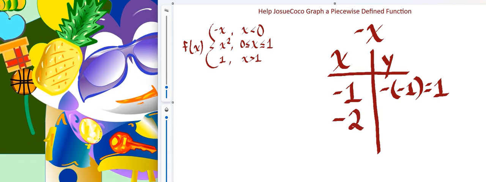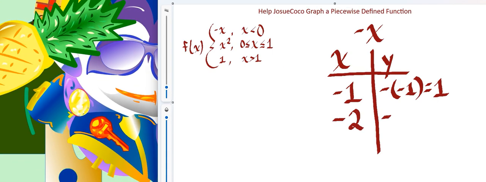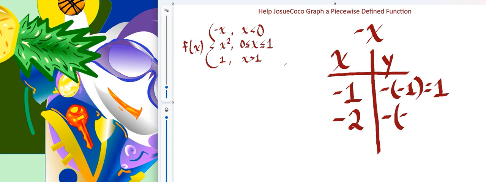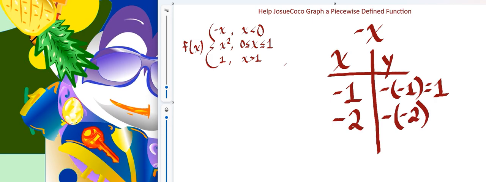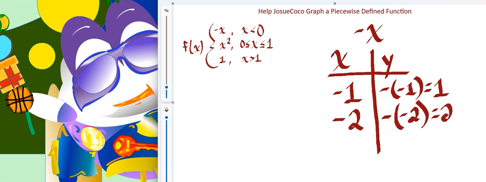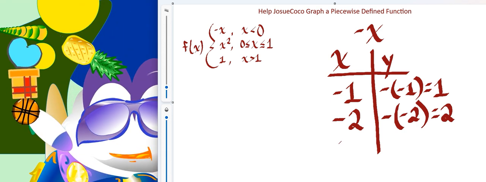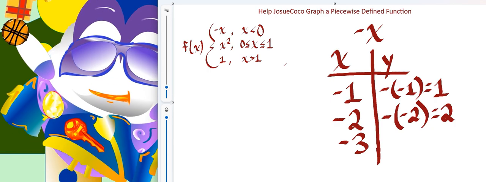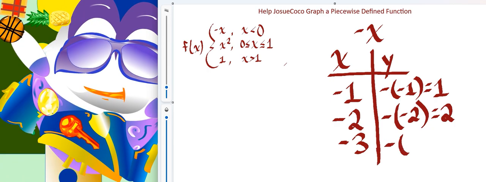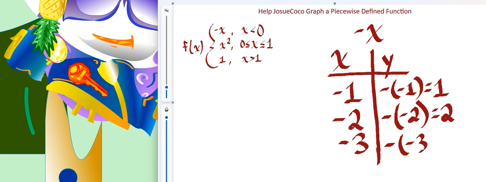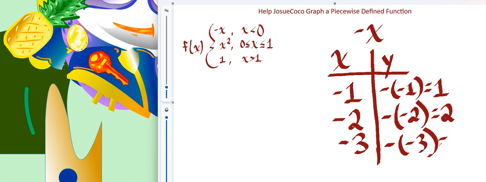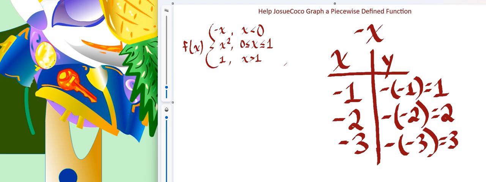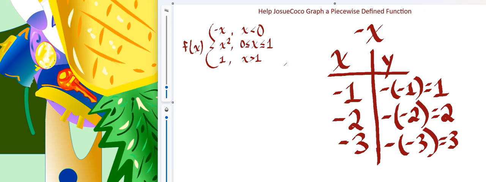Next, when x equals negative 2, y equals negative negative 2, which grants us positive 2. Lastly, x equals negative 3, y equals negative negative 3, ultimately giving us a positive 3.